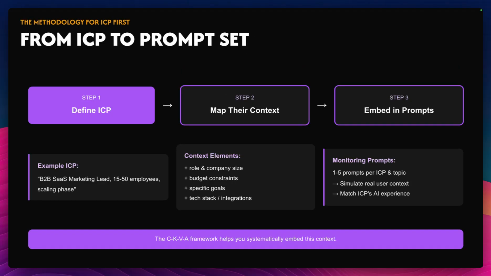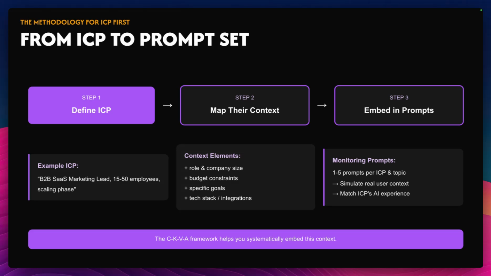For the ICP, what you normally would do is to define the ICPs. If you haven't done already, then map the context to the ICPs and then embed the prompts. Also here with an example, let's say you have the ICP of a B2B SaaS marketing lead, which is leading a company or a team of 15 to 50 employees, and the company itself is in the scaling phase.